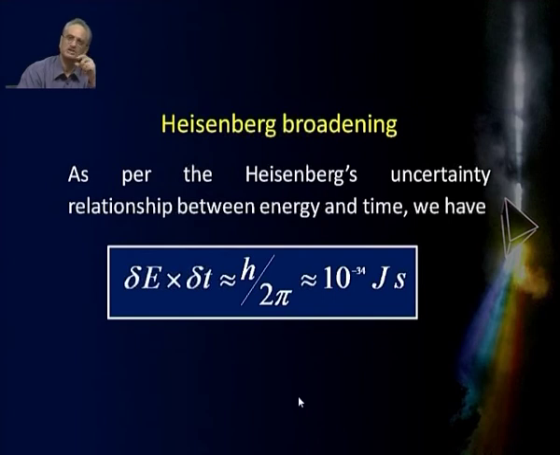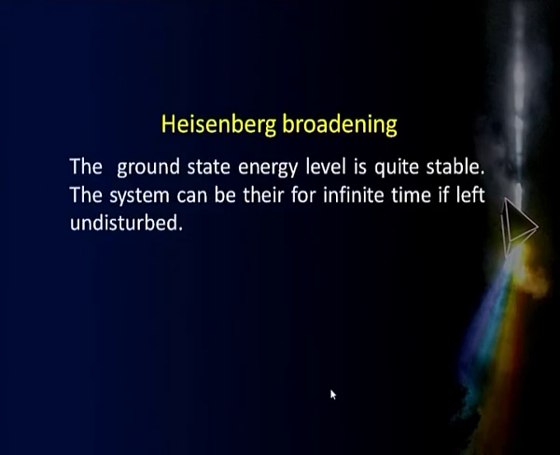Now, we have a similar relationship between energy and time. What we have is that delta E, the uncertainty in energy, and delta T, the uncertainty in time, happen to be approximately equal to h by 2 pi, or of the order of 10 to the minus 34 joule second. Now, if we look at the ground state, it is something which everything will try to acquire.